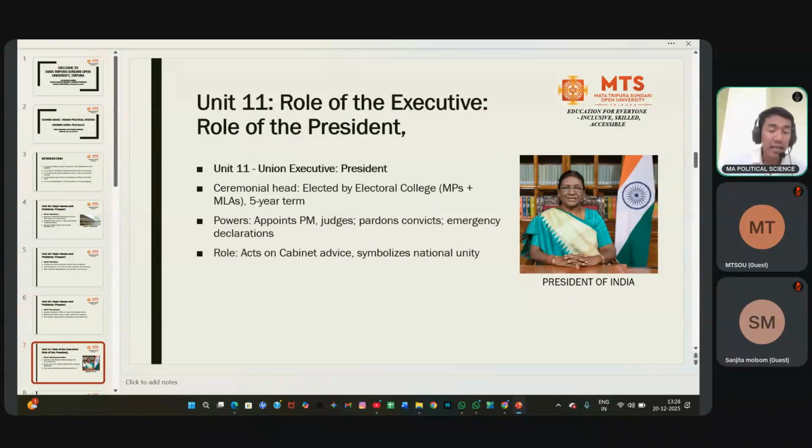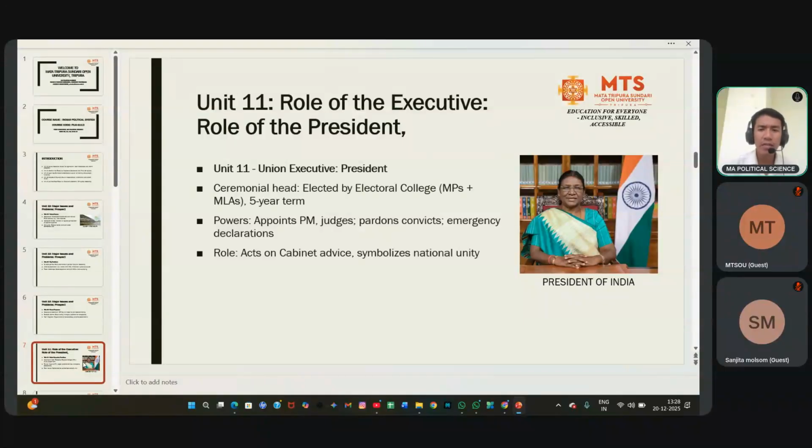Emergency: the president can declare a financial emergency, a state emergency, and a national emergency. Okay? This is the power. They can put the country in emergency at any time.